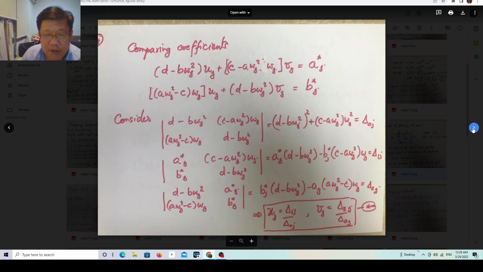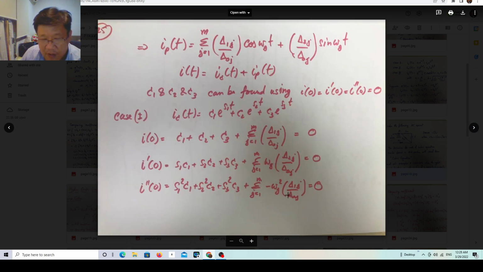And this is the result. That's why the constant term for the particular solution, when you substitute time equal to 0, is here: summation j equal to 1, it becomes minus omega j squared delta 1j, divided according to this parameter here.